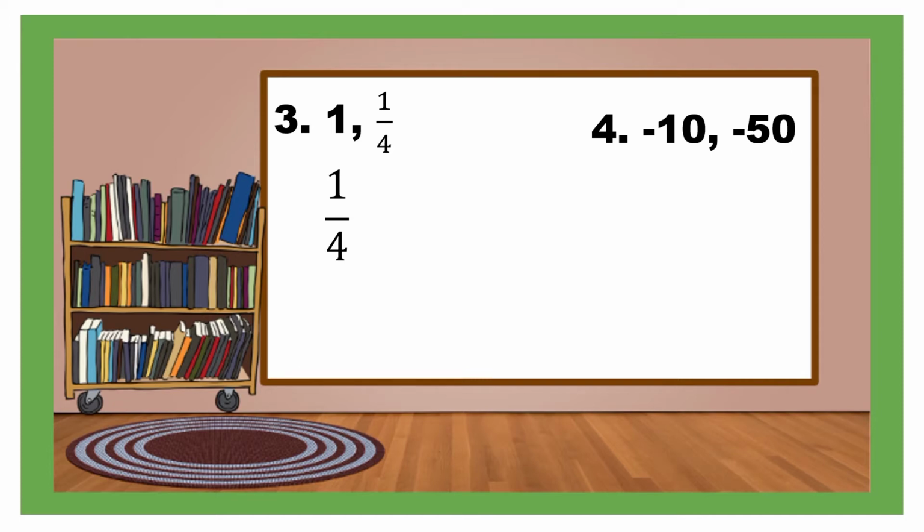The answer is 5 because negative 50 divided by negative 10 is equal to 5. And lastly, number 5, 16 and 8. And the answer is 1/2 because 8 divided by 16 is equal to 1/2.